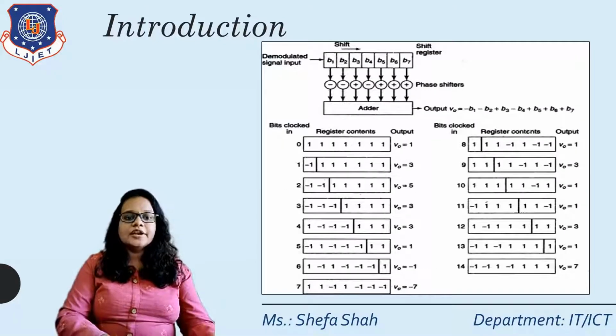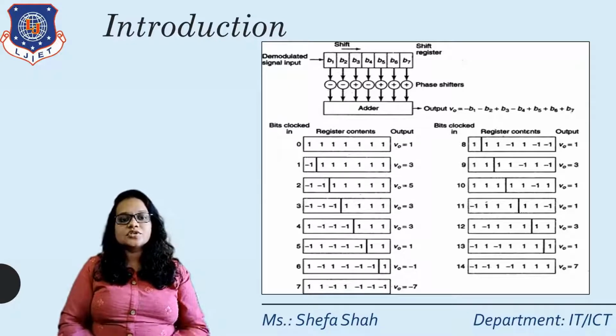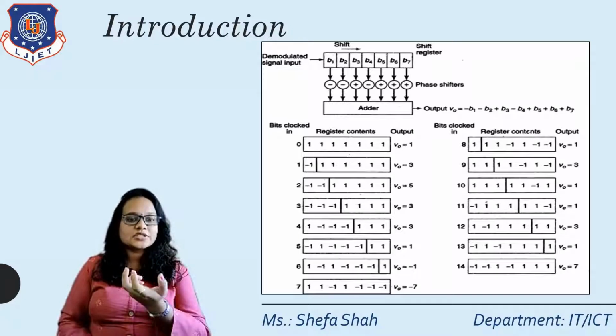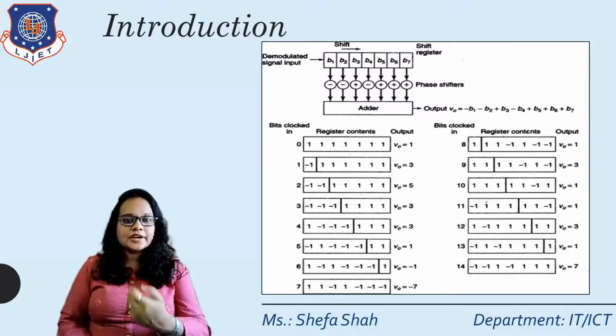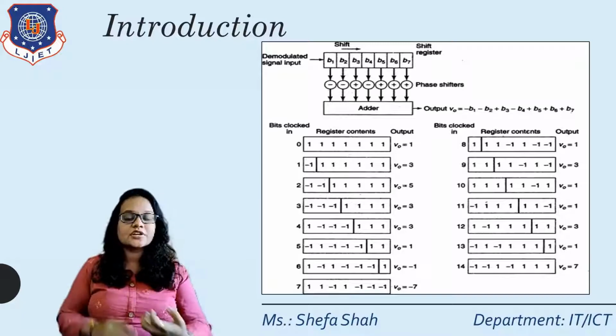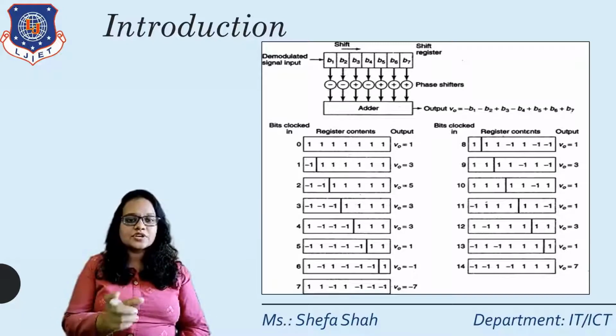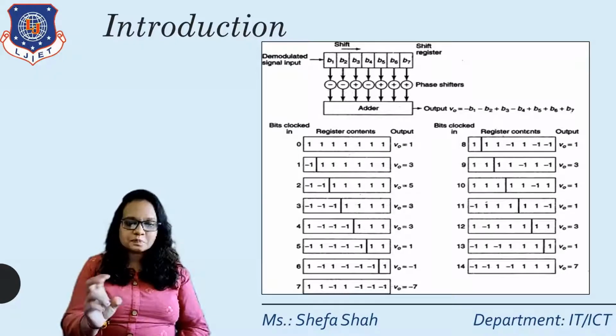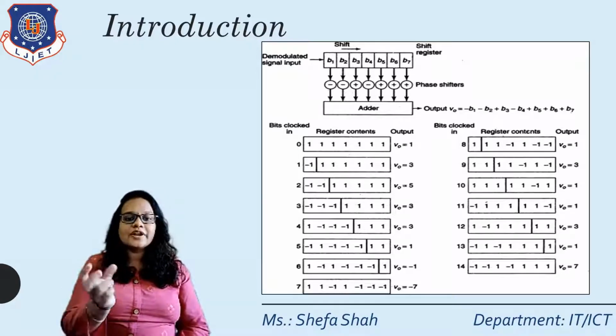On the receiving side, the signal is demodulated and given to a shift register, which has stages from B1 to B7. All the shift register stages are attached to phase shifters having plus and minus signs, and depending on the sign, -1 or +1 is applied.